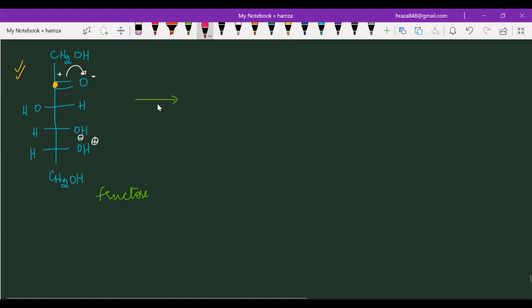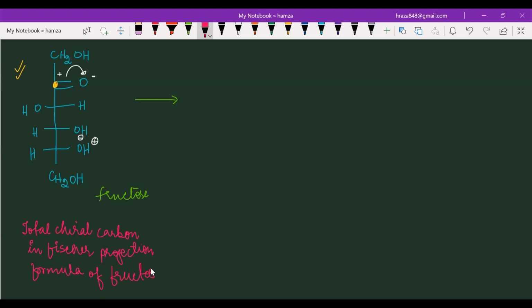Can anyone tell me? 3. Total chiral carbons in the Fischer projection of fructose equals 3.